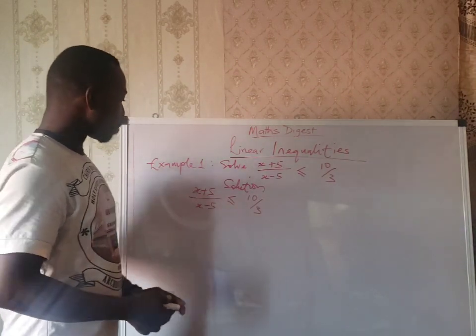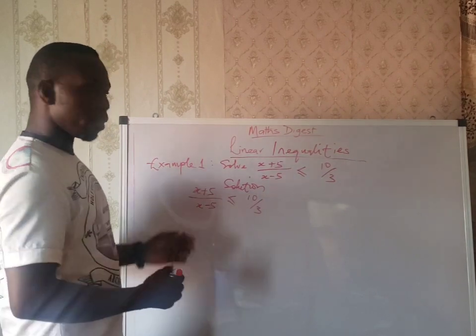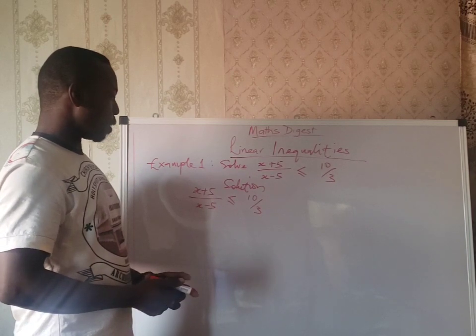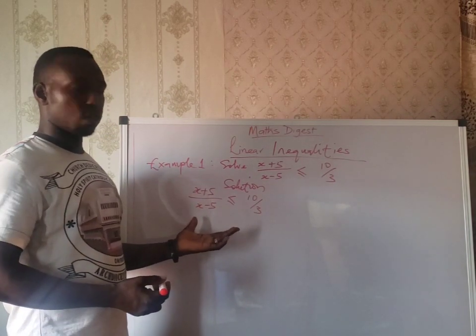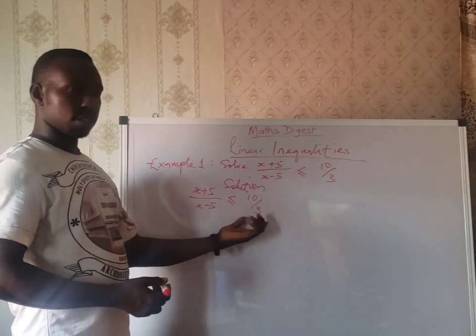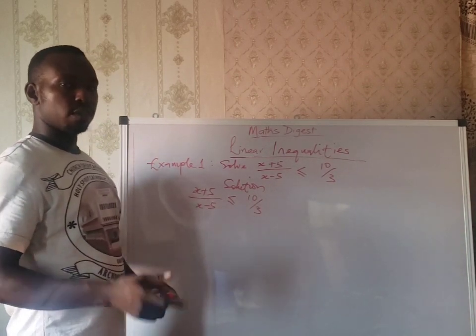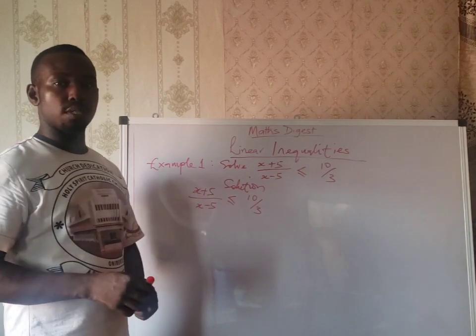Now the first thing we need to do at this point is to find the LCM of the denominators of both sides. For a better understanding, I want to teach you this.